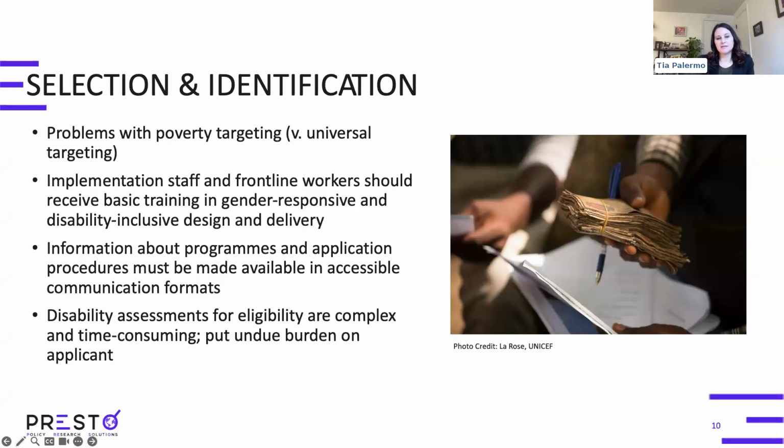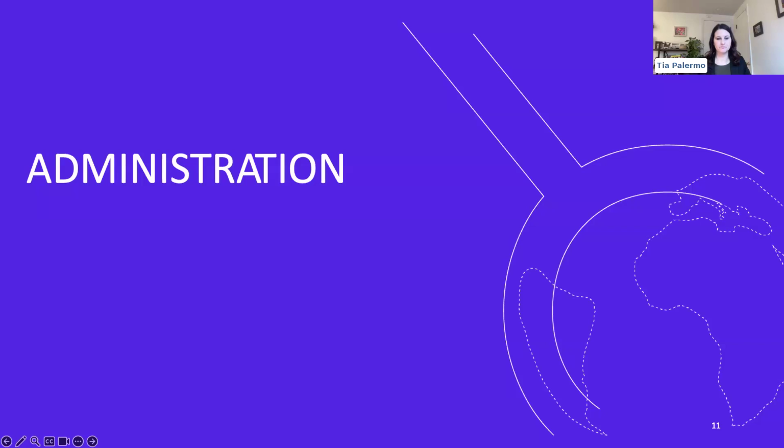Disability assessments for eligibility are often very complex and time-consuming, and they put undue burden on applicants, for example, seeking medical documentation of impairments from hard-to-reach health centers. In contrast, functioning-based approaches that require less specialized medical expertise are preferred in selection and identification procedures.